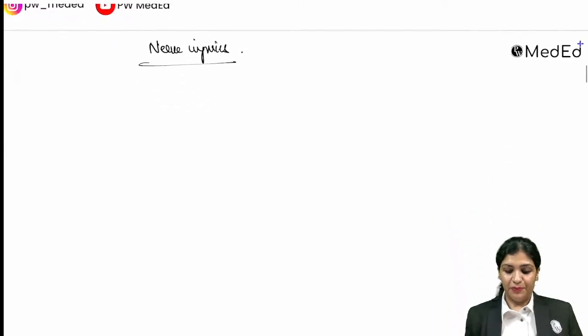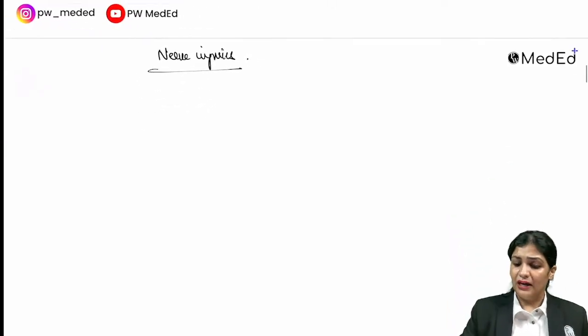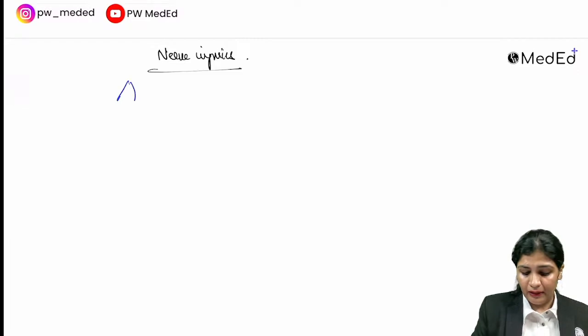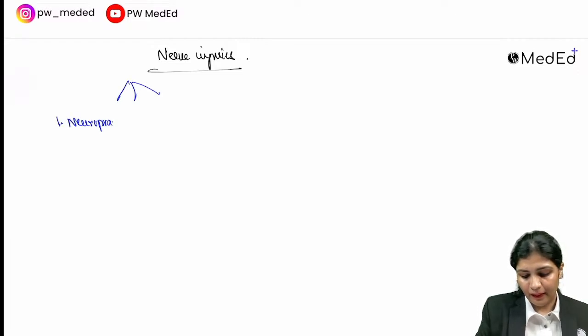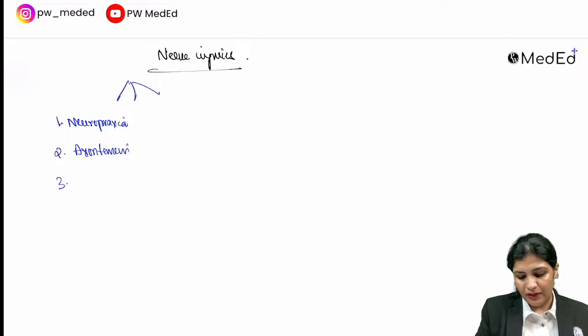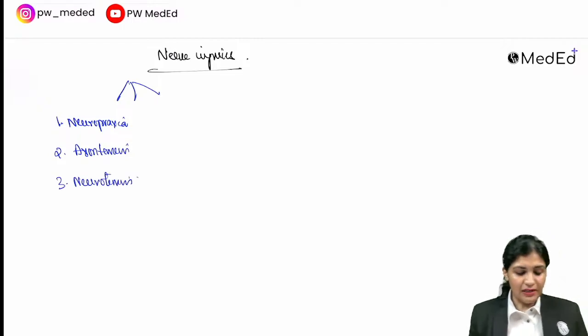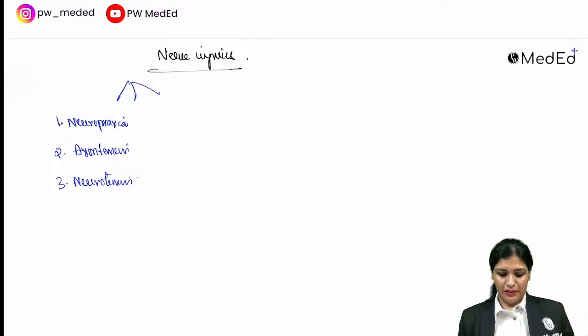So here if you take up nerve injuries, you already know that there are three important types. The first one is your neuropraxia, the second one is your axonotmesis, and the third one is your neurotmesis. Right, so the neuropraxia, axonotmesis and neurotmesis.